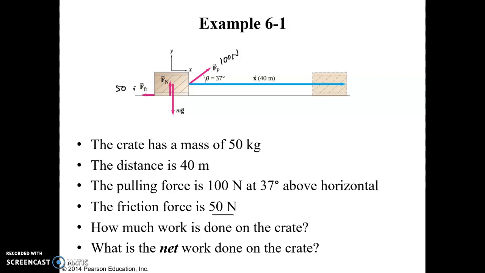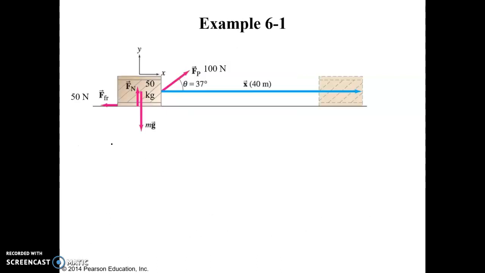We want to know how much work is done on the crate, and then what is the net work done on the crate. This will illustrate the difference between work and net work. This example is almost exactly like the slide that showed the woman pulling on the rope to move a box. On that slide we said that work is equal to F D cosine theta.